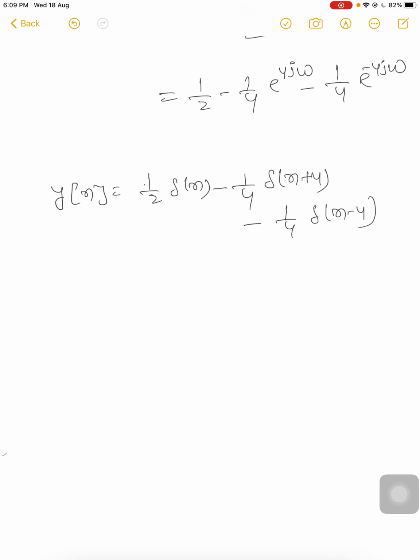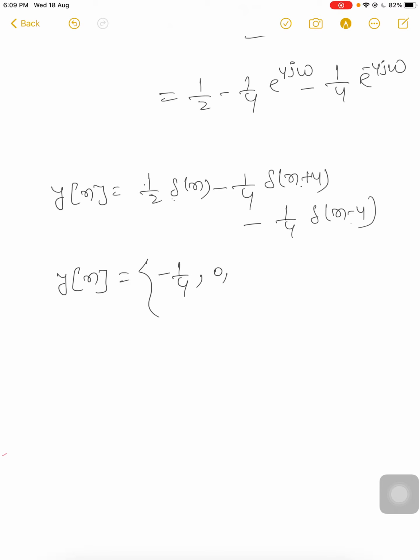So y[n] will be: this one is at origin, and this one is at the plus 4 position and this one is at the minus 4 position, each with minus 1 by 4.